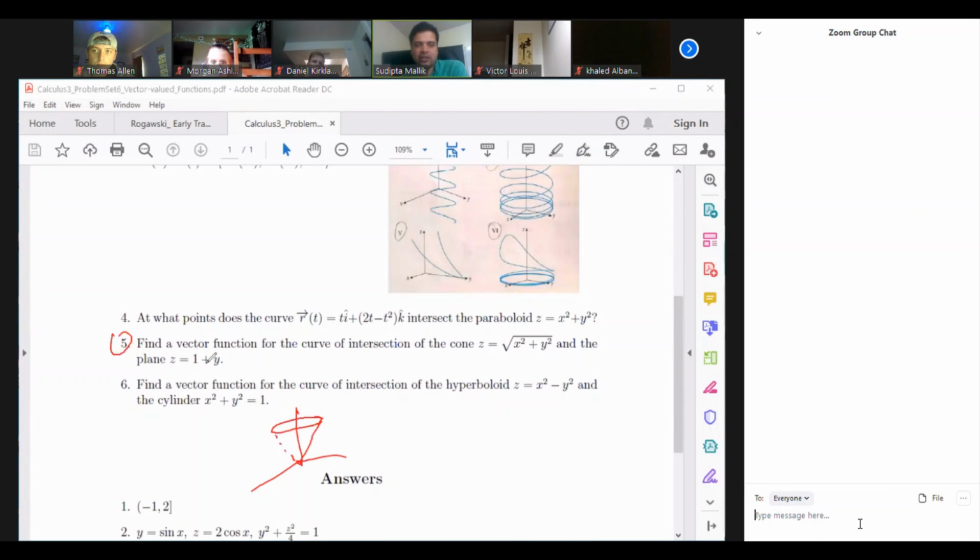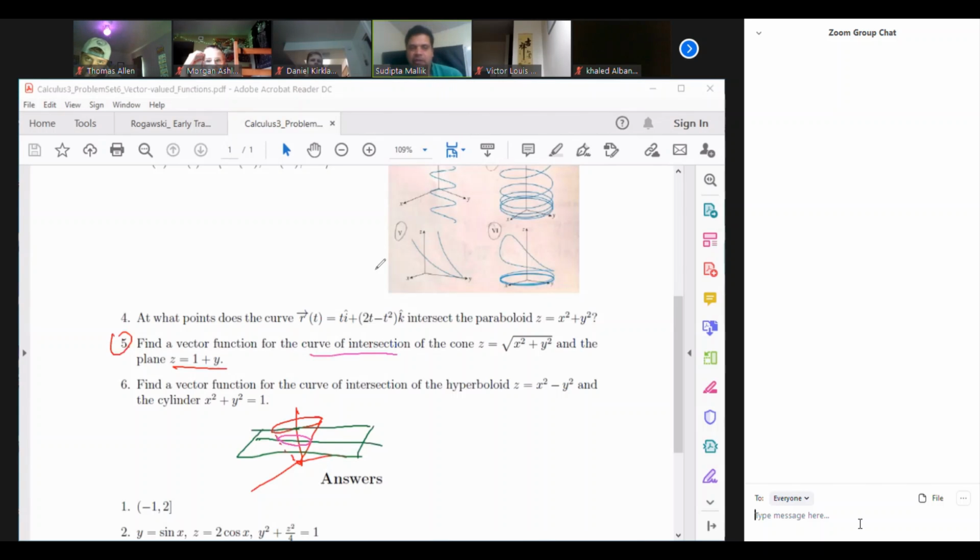And the plane z equals 1 plus y. That means this is a line if you do projection on the yz plane. So something like this. yz plane, and x can be anything. So your intersection is going to be something like this, right? Then you need to find the vector function for that intersection.